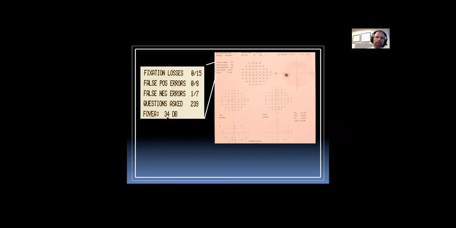And then, unfortunately, the Humphrey field machine comes from the manufacturer with the default as the fovea off. So if you don't change that during the testing, next to fovea, where here it says 34 decibels or dB, it'll simply say off.